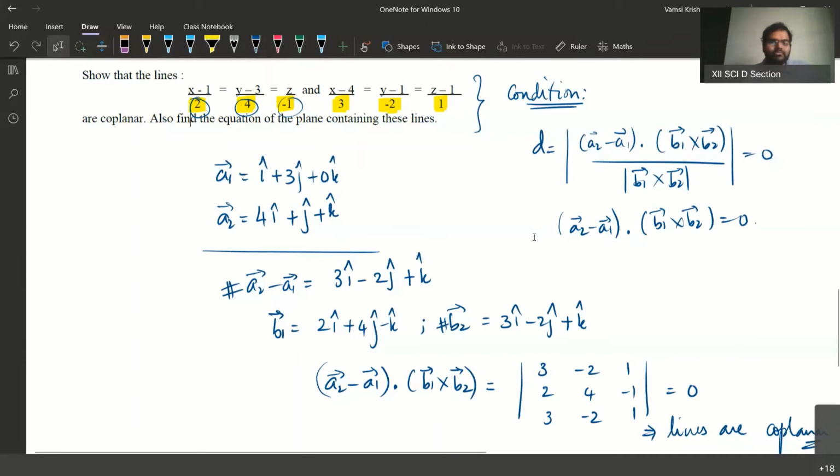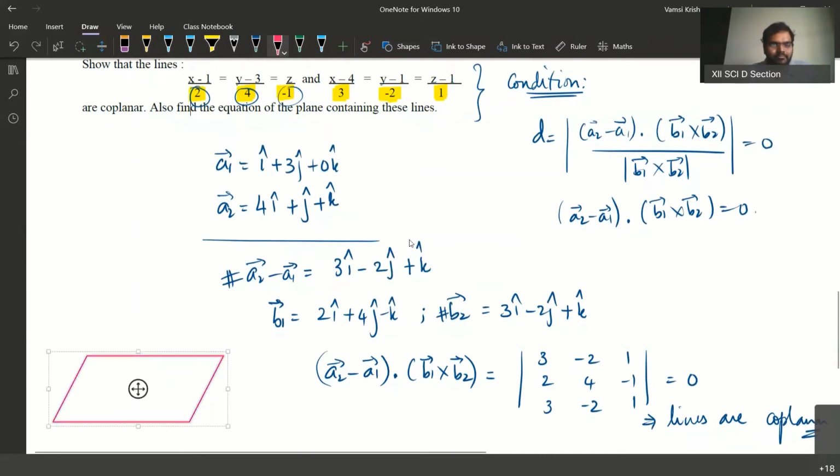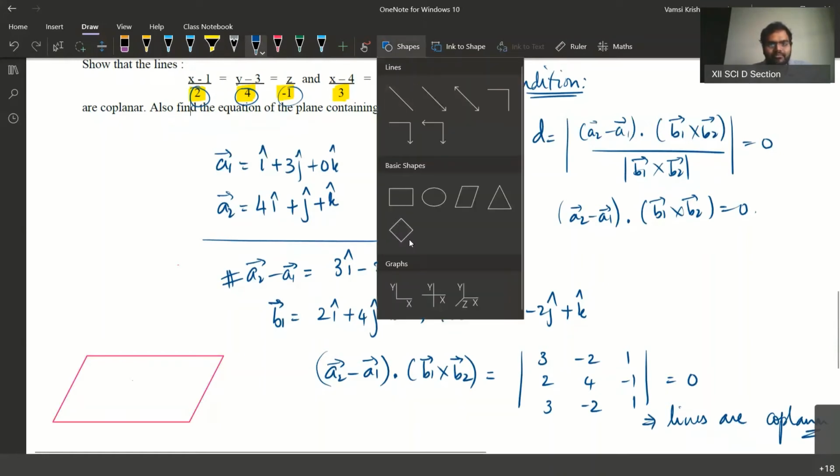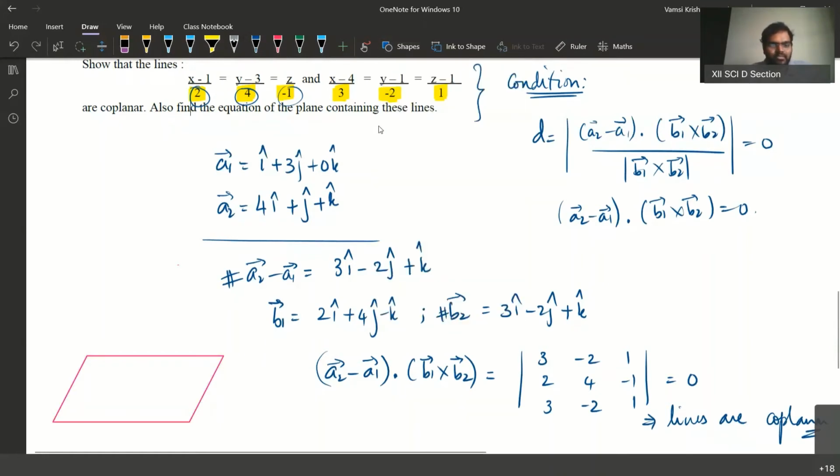Let me draw a simple figure. This is the plane, and imagine there are two lines. First is this line, and the second is another line, in a different color.